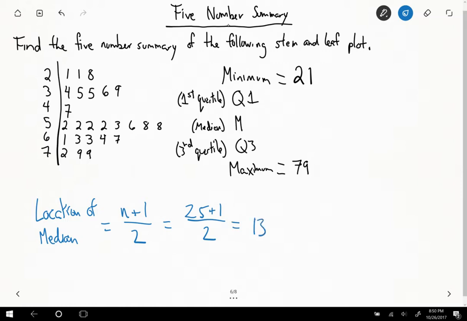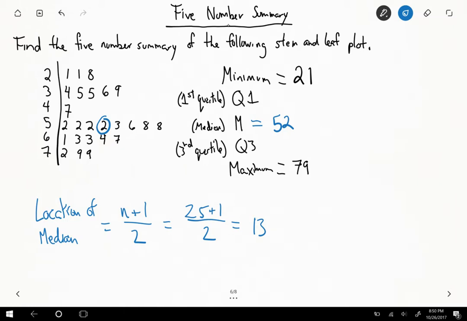That doesn't mean that's our answer, it's just our location. So notice we have 1, 2, 3, 4, 5, 6, 7, 8, 9, 10, 11, 12, 13 right there. That's our median. So what number is that? 5 and then a 2, so that makes 52 our median value.